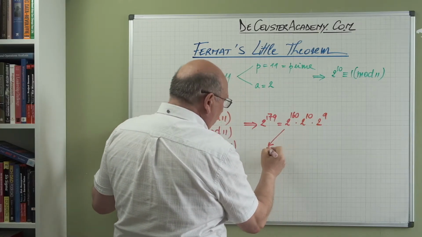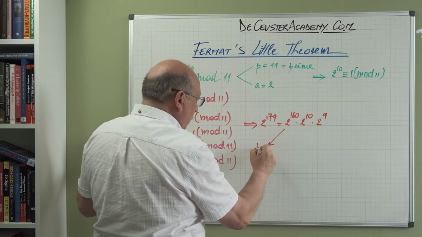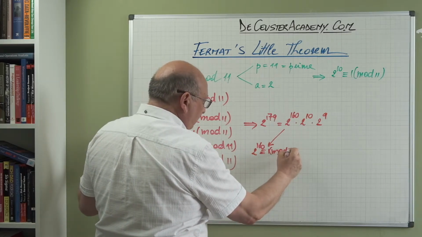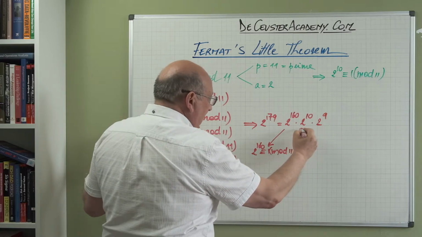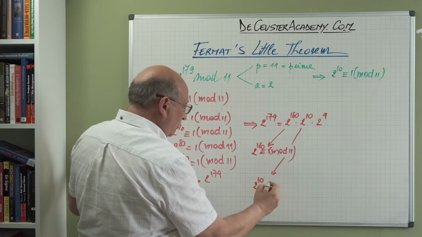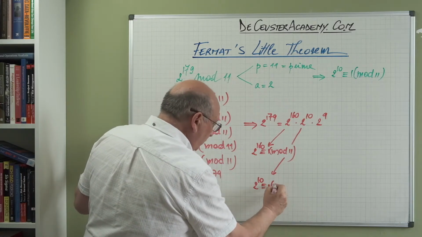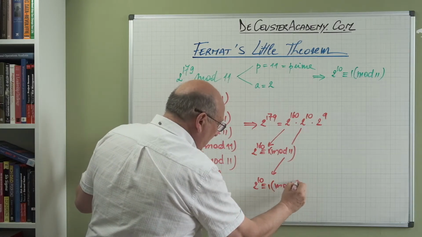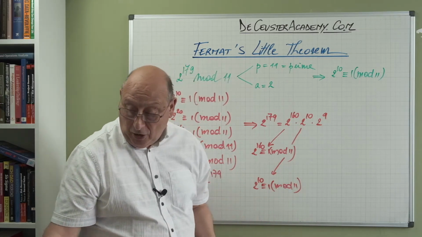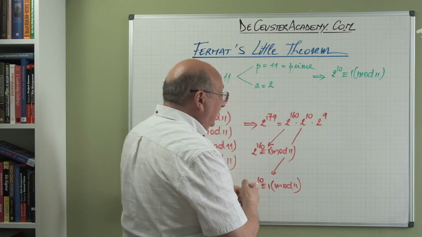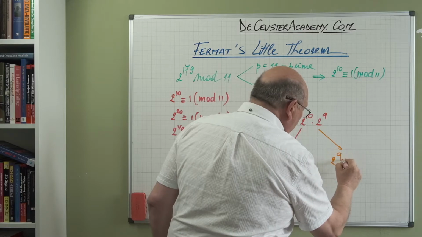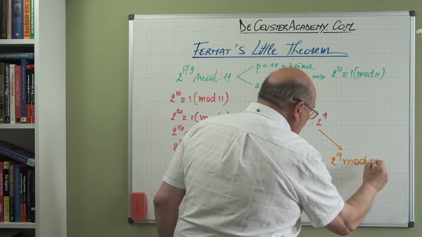And we now know that 2 to the power 160 is congruent with 1 modulus 11, and the same for 2 to the power 10, that's the original one, is congruent with 1 modulus 11. So basically what remains is 2 to the power 9, and the only thing we have to do now is to calculate 2 to the power 9 modulus 11.